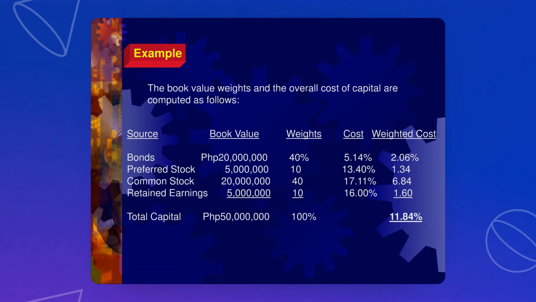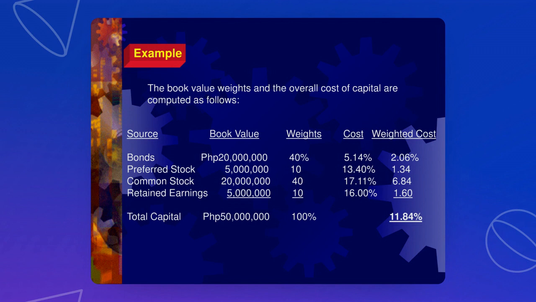The value weight for this one, diba yun yung kanina, yung book value. So, you have 20, you have 5, you have 20, you have 5. So, the weight here is 40, 10, 40, 10. Saan galing yung 40? 20 million, just divide it by 50 million. You have 40%. Your preference naman, you have 5 million, just divide it by 50. You have 10%.